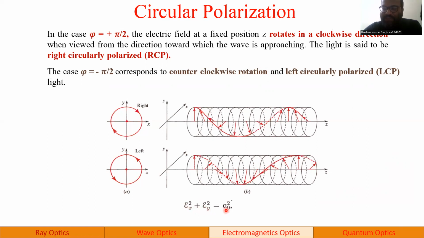When we simplify it, we get an equation similar to a circle. That's why we call it circular polarization. When it's rotating clockwise, we call it right circular polarization. And when it's anti-clockwise, we call it left circular polarization. It depends on the phase difference, either plus or minus pi by 2.